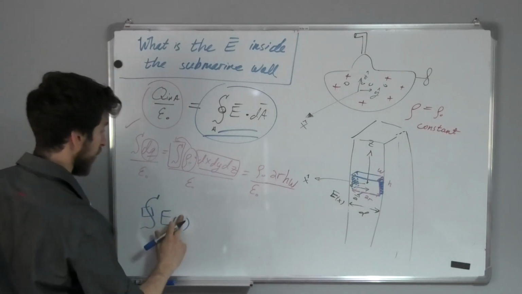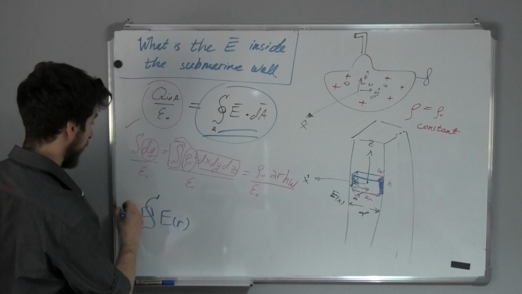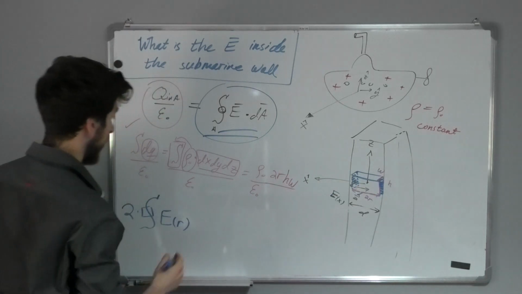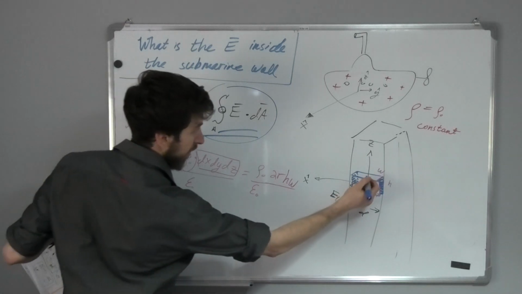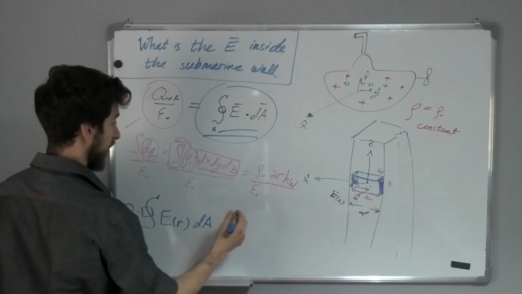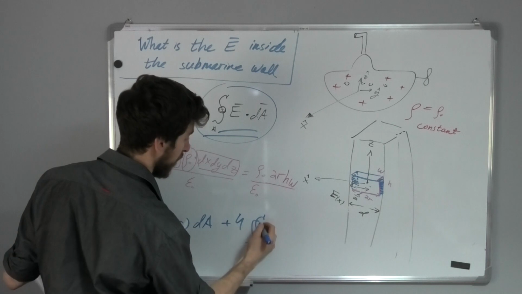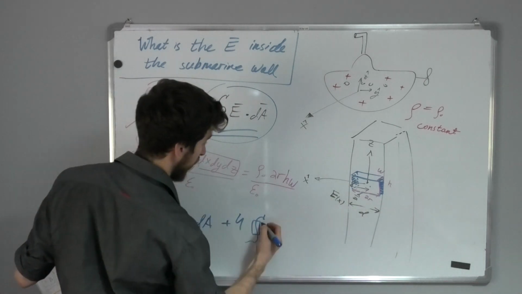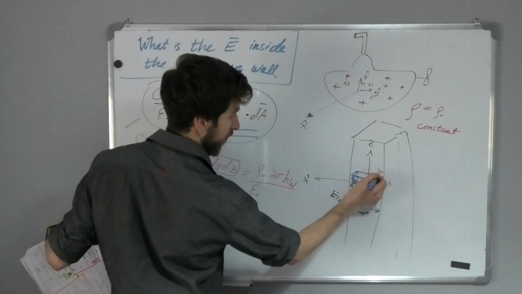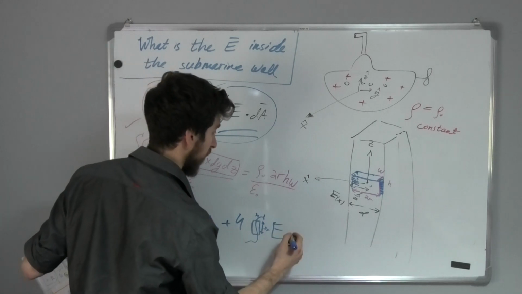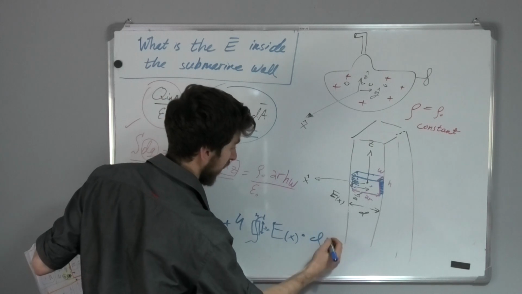Actually, let's do it r, because we decided the box is at length r, right? And I have two of those, here and there, with this dA. Plus I have the four terms of the long part of the box, which have here 2r, and here either h or w, depending on which side it is. E at some locations dot dA.